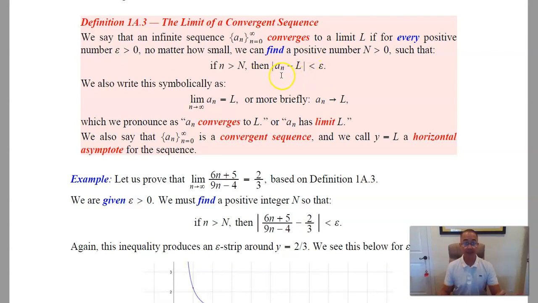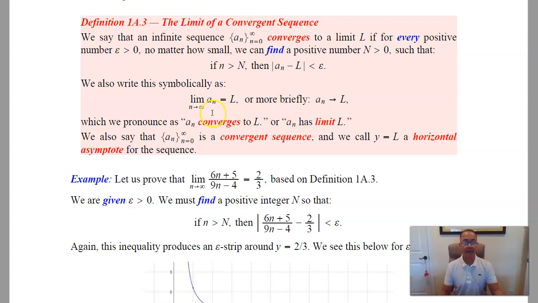This means that the distance from a sub n to L is smaller than epsilon. Or, in other words, the term a sub n is within the epsilon strip around y equals L, which is bounded by L plus epsilon and L minus epsilon.